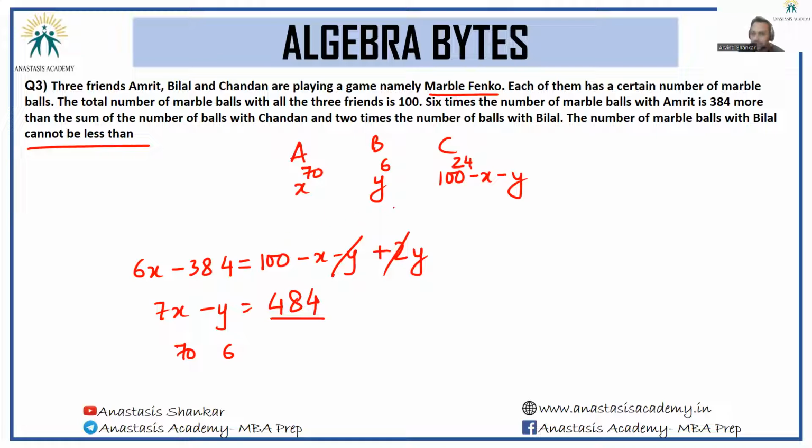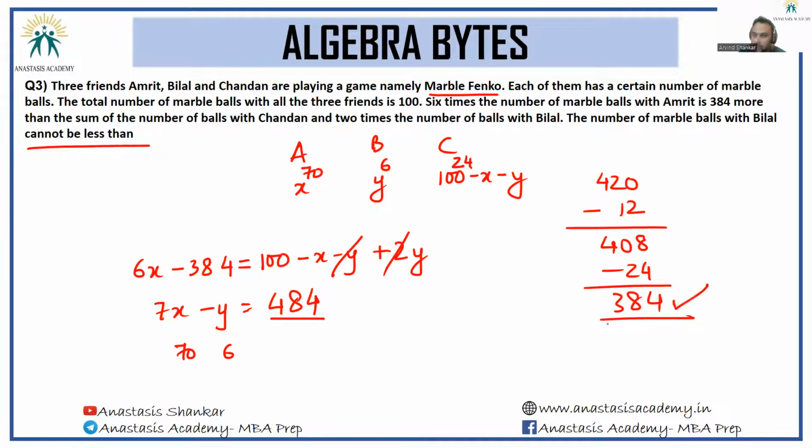Just in order to be extra sure, let's see, 6 into 70 is 420, minus 12 gives me 408, minus 24 does indeed give me 384. So everything perfectly fills out. The number of marble balls with Bilal cannot be less than, happily, 6. It cannot be less than 6.